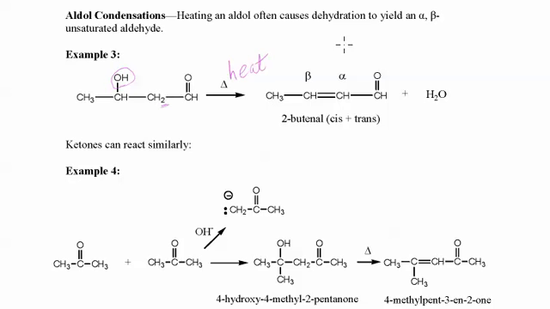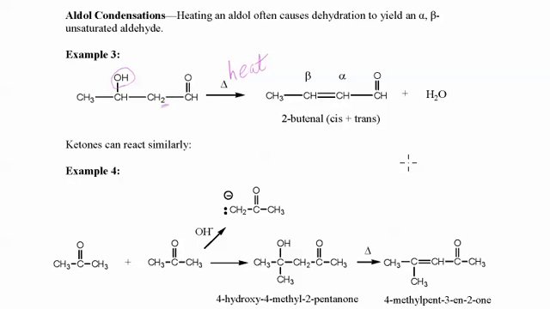And so now we've created something that, well, we already knew we can do with alcohols, which is to dehydrate them. This time, though, it's happening in concert with an aldol type of reaction. So we get 2-butenal, the 2 telling me that the double bond between the carbons starts at carbon number 2, and as it says, you get cis and trans isomers out of this.